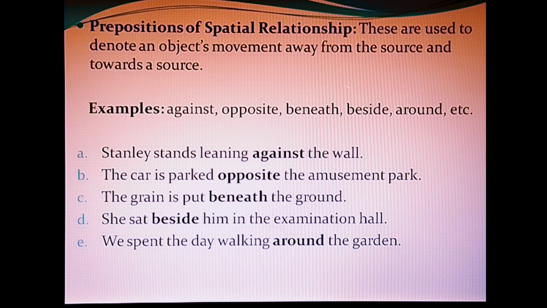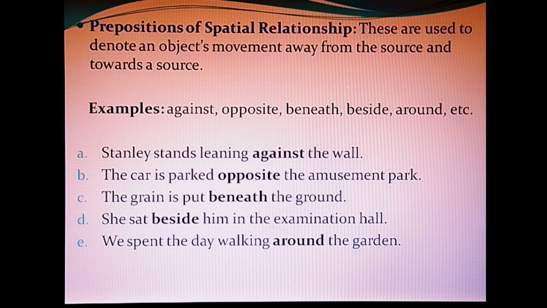He is standing leaning against the wall. The second example here says, the car is parked opposite the amusement park. Where is the car parked? Opposite the amusement park. The word opposite is our spatial relationship preposition here. It's telling us where the car is parked, opposite the amusement park.